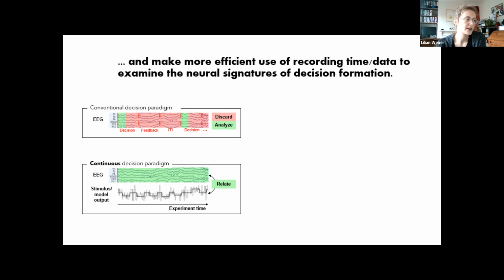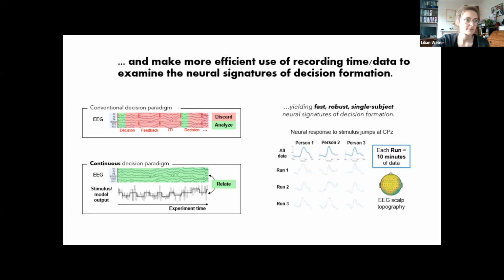And then we can use any interesting feature of the stimulus, how it changes over time, or even some output from our model, if we use one, as regressors to explain the changes in the EEG signal. And we've seen in data that this might allow us to estimate neural signatures of decision formation in much shorter amounts of time.